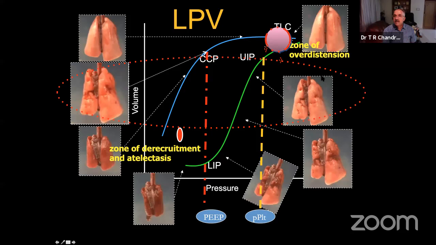The lung at the end of inspiration will be like this. At the end of expiration, it will be like this. If you don't give adequate PEEP, then the lung starts moving from here to here. This is what is called atelectotrauma. And this is what is called volume trauma. And when the ventilation occurs between these two, then we say the tidal volume and PEEP are well set.